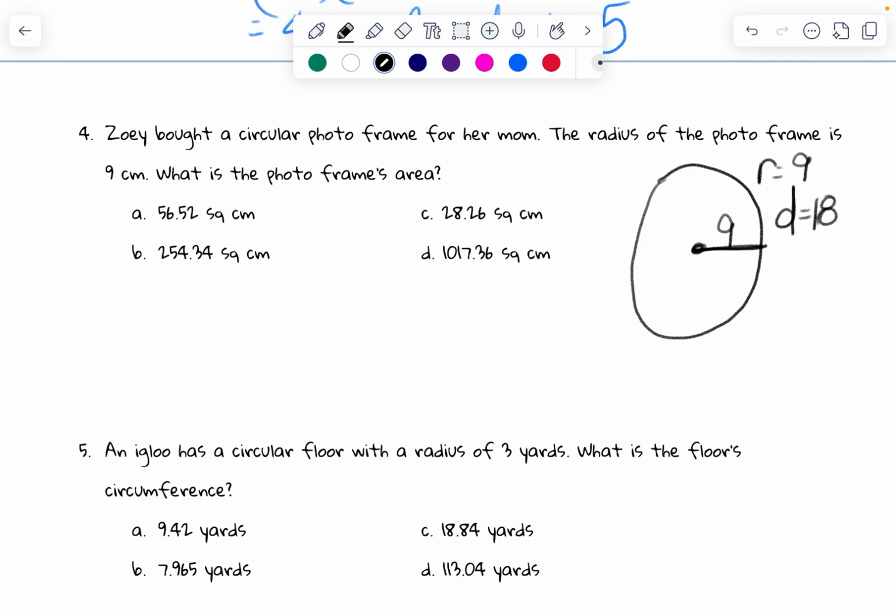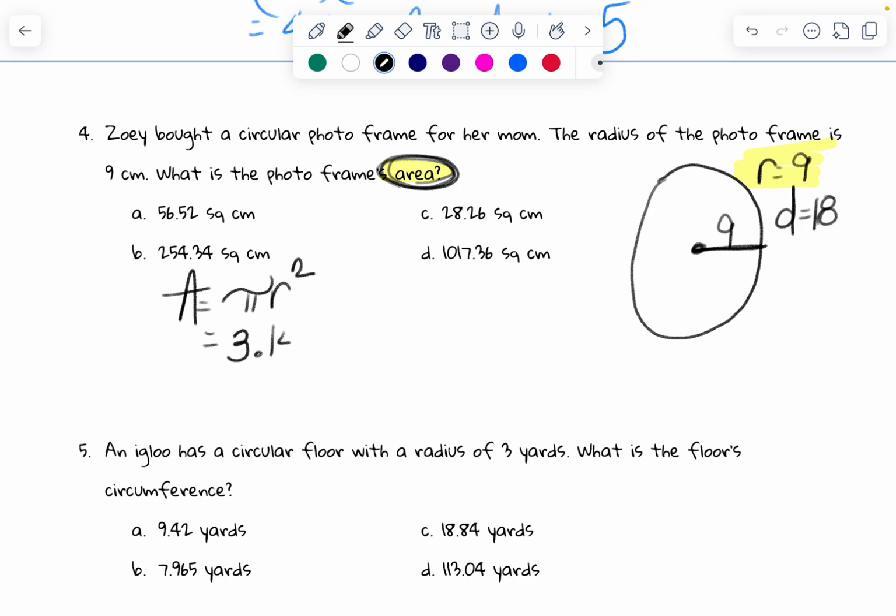It wants to know the area. So if it wants to know the area, we're going to use the radius. So A equals pi r squared. Now you don't have to write the formula every time. I'm doing it just for the repetition.